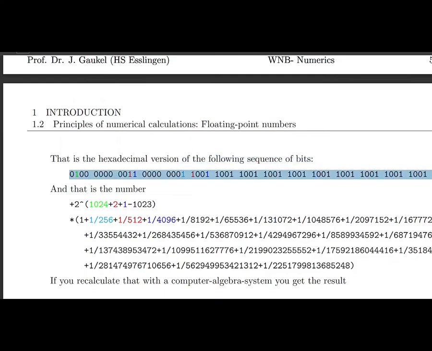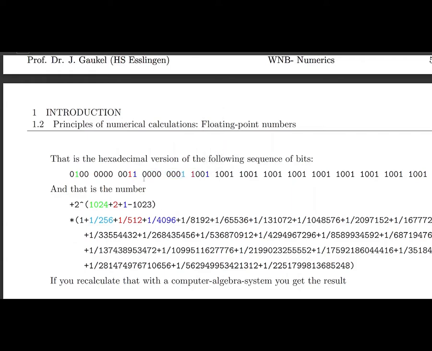This is the floating point number as it is stored on the computer. Now we can interpret this sequence of bits, and this is the interpretation. Here this number is 1027, and then we have a subtraction of 1023. We talked about that in some previous videos.